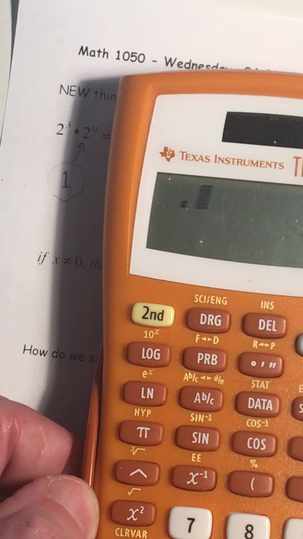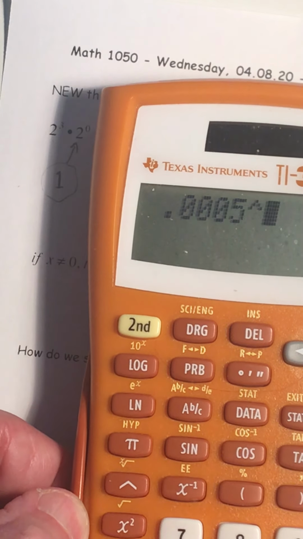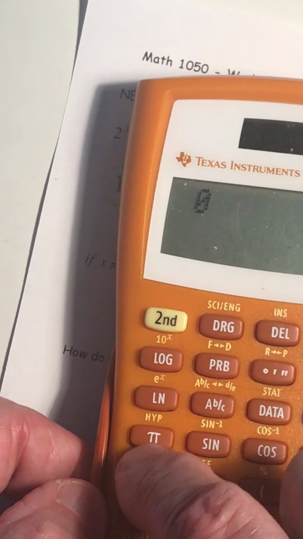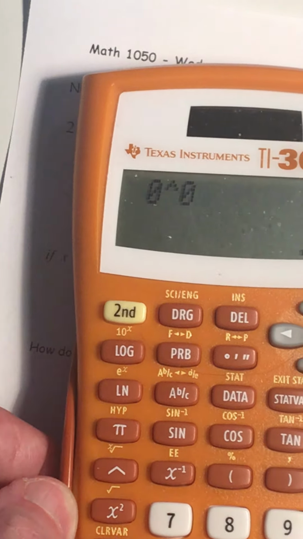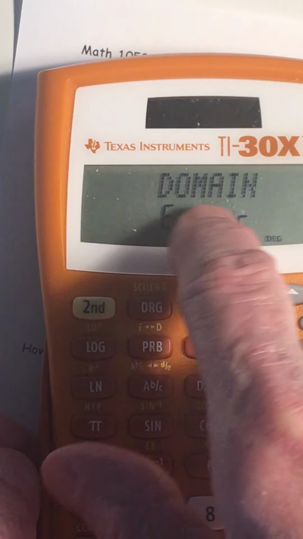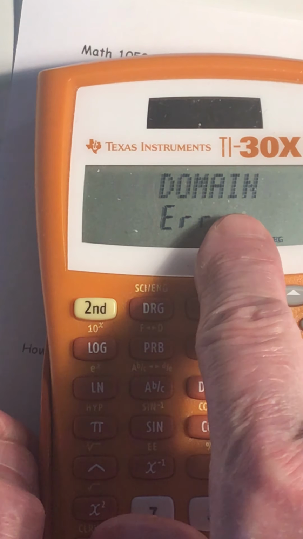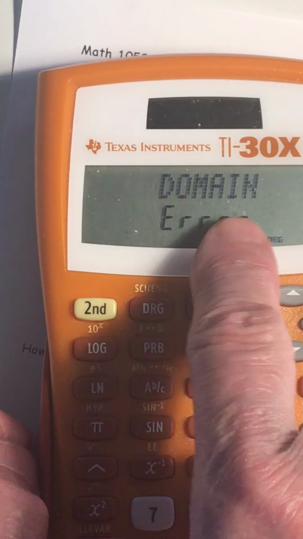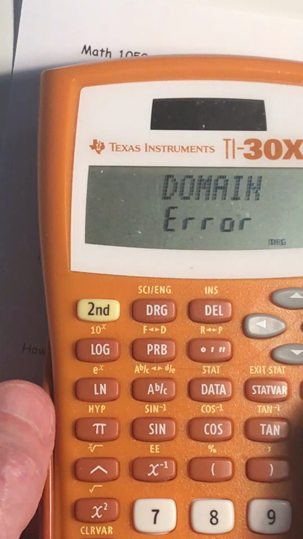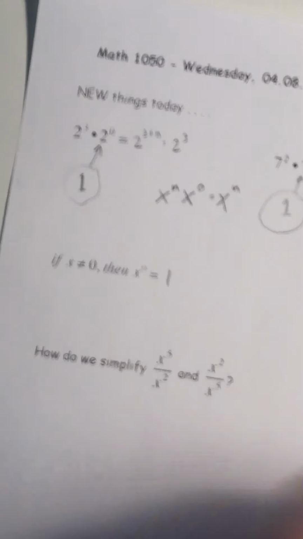I'll take a nice small number, 0.0005 to the 0 power. I'll get 1. Now watch what happens if I do 0 to the 0 power. I get domain error, which means the number we used isn't usable that way. Domain is the set of all numbers you can use as an input. So you'll learn more about that in 1075.